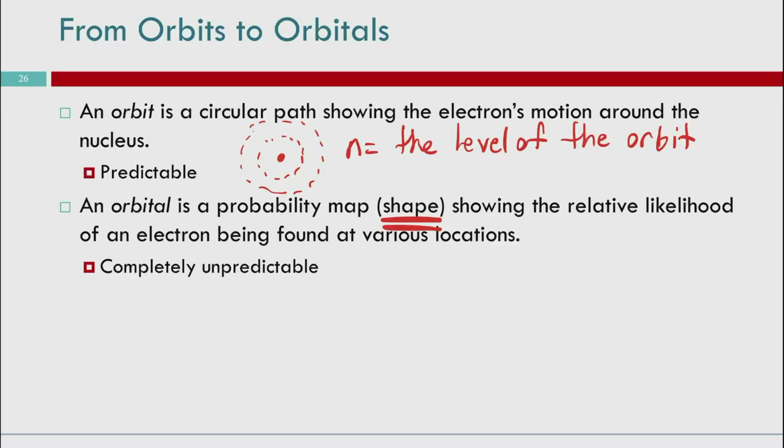We've got several shapes. These shapes show us where our electrons are likely to be found. So where our electrons might be.